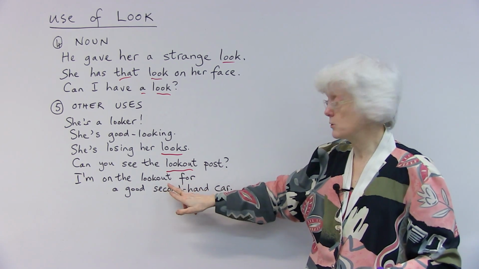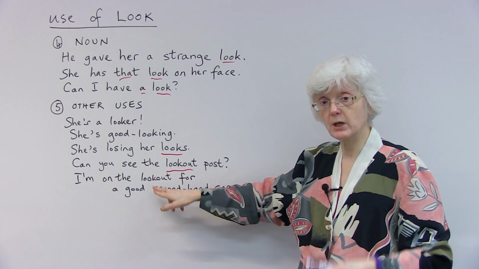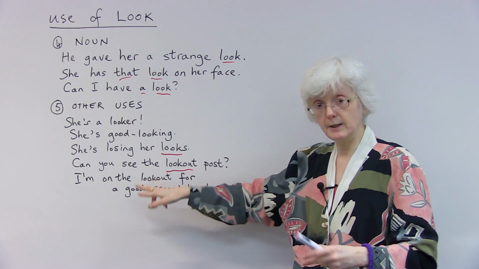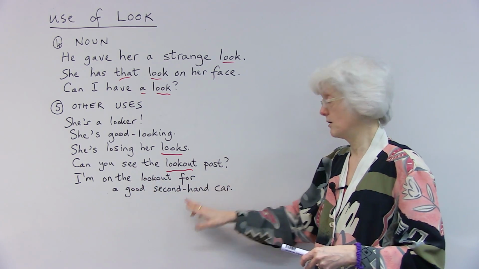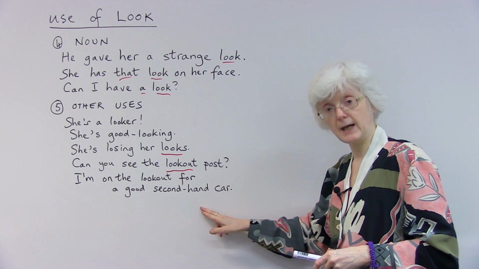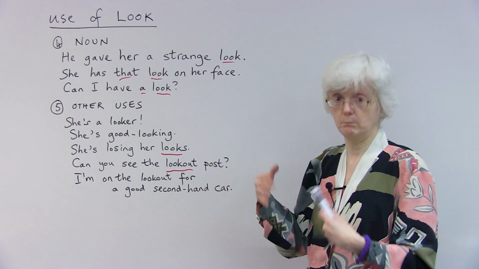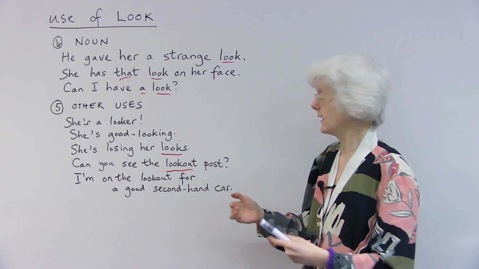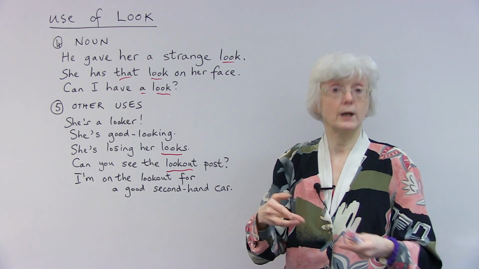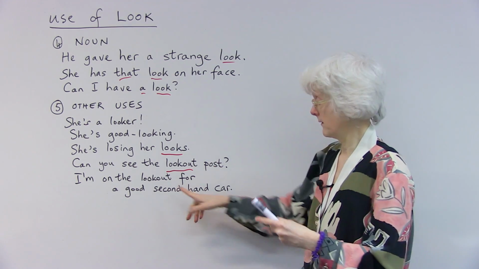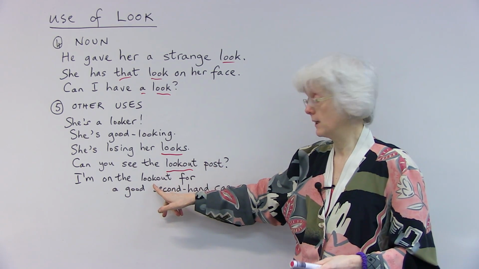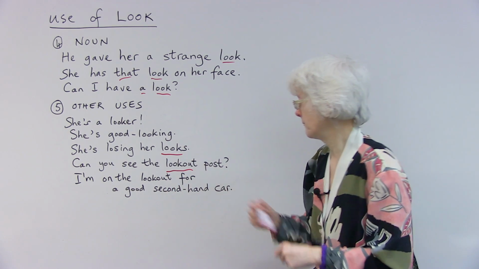And then also using this word lookout in a slightly different way. I'm on the lookout for a good second-hand car. So that means I'm looking out for, like we had, can you look out for the postman? This is now turned into a noun. I'm on the lookout.